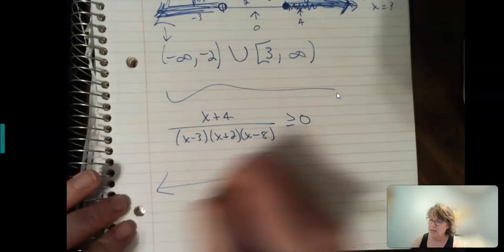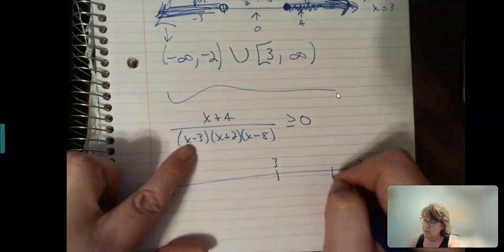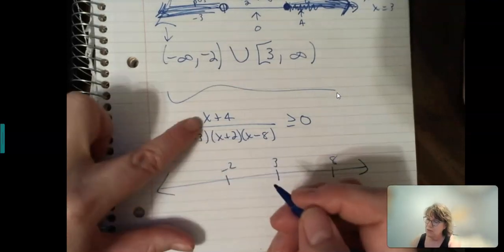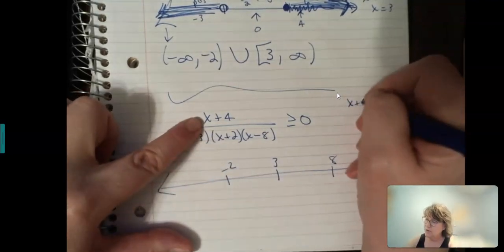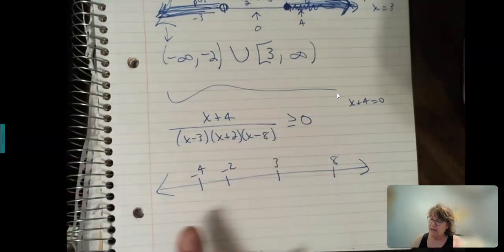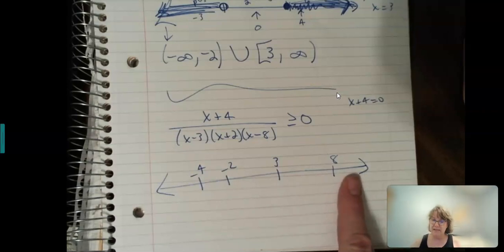So in this situation, I could have one at 3, that's that one. I could have one at 8 there. I could have one at -2. And if x plus 4 equals 0, I get a -4. And I would have to test things in between, every single thing, okay?